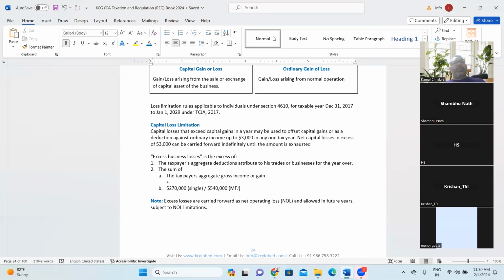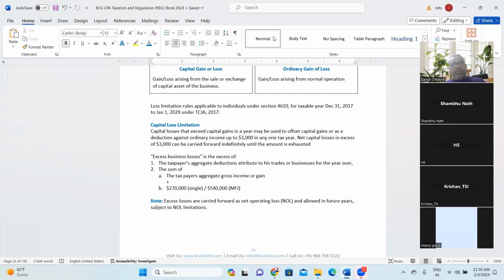Just underline or note down this: up to $3,000 in any one tax year. Net capital loss in excess of $3,000 can be carried forward infinitely until the amount is exhausted.